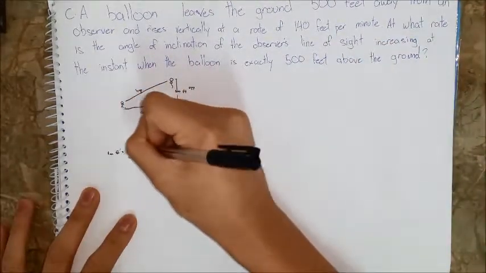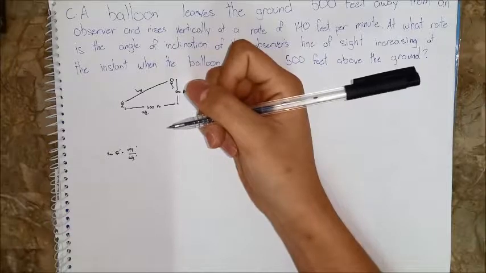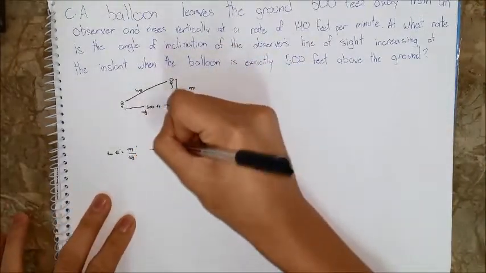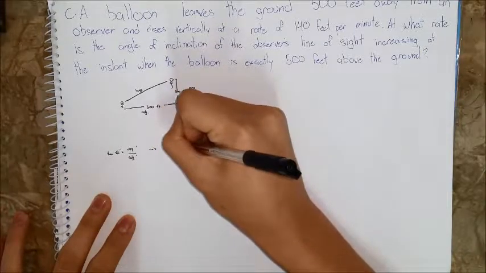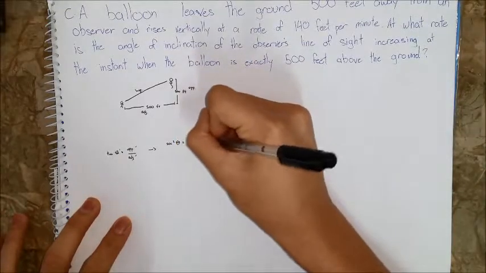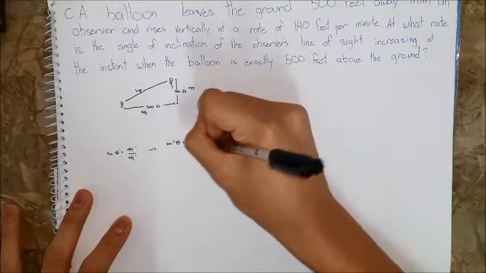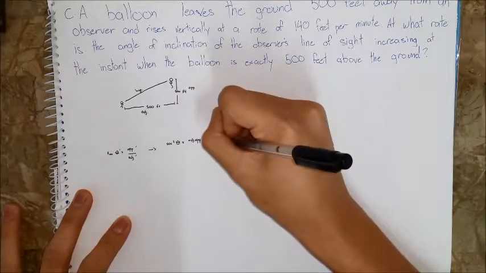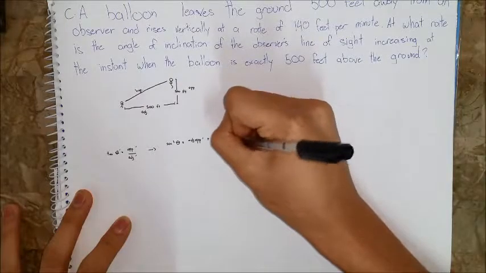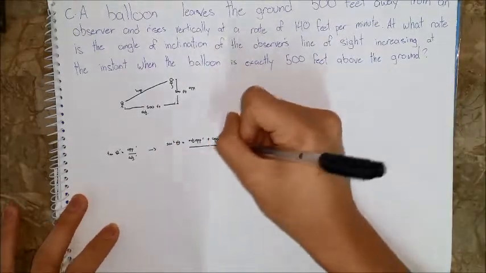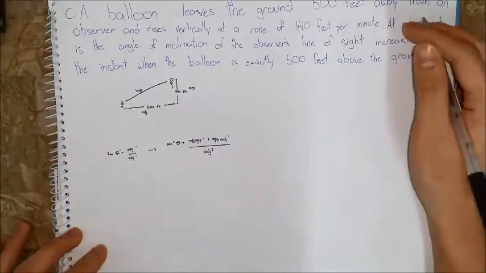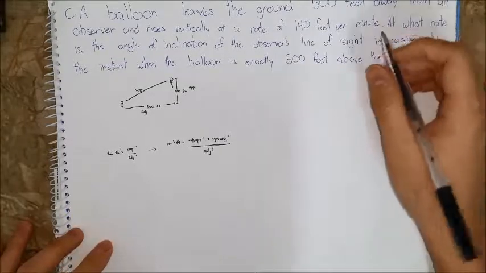So we have to look for the derivative, or the rate of change. So it is secant squared theta times theta prime equals adjacent times opposite prime minus opposite times adjacent prime, over adjacent squared.